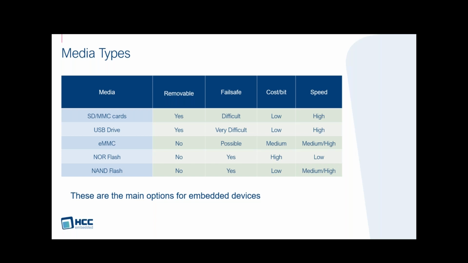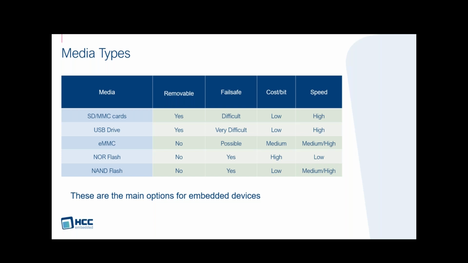eMMC, well, this is basically an MMC card on a chip that you solder into your device. It's no longer removable, but it can be made fail-safe. It's got commands built into it, which if you use them correctly, you can do reliable write to them. Of course, there's added cost.